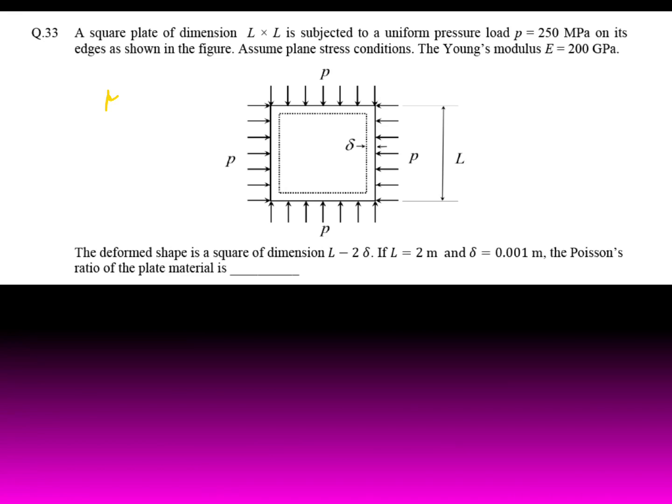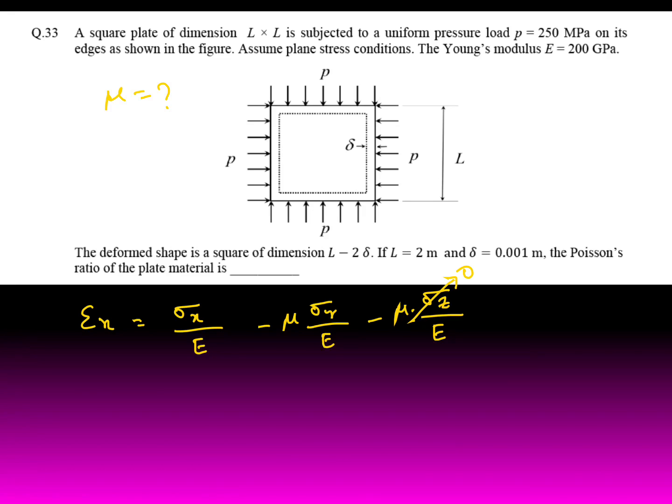We know strain in x direction is equal to stress in x direction divided by E minus mu into sigma y, stress in y direction divided by E, minus mu into sigma z divided by E. Here it's plane stress condition, so sigma z is 0. You can write it as sigma x by E minus mu into sigma y by E. Here in this question, both sigma x and sigma y are compressive.